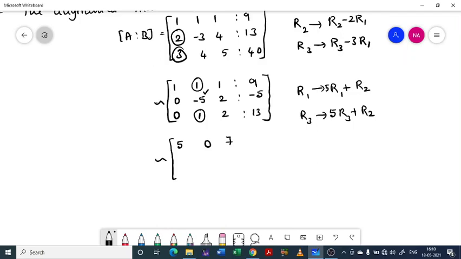Then 45 minus 5, 40, and no change in the middle row, so 0, minus 5, 0, and 0. Then 5 into 10 plus 2, so 12, and you can check, this will be 60.